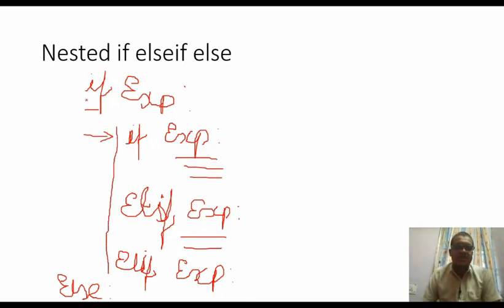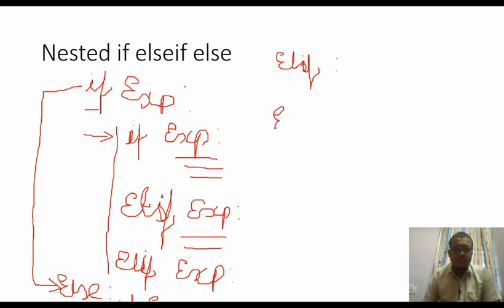So if this condition is false, it will not go to check any of these conditions, it will come to the else part. In an else also we can have the same conditions. If some expression, for that you can write else if, and again you can go for else if.